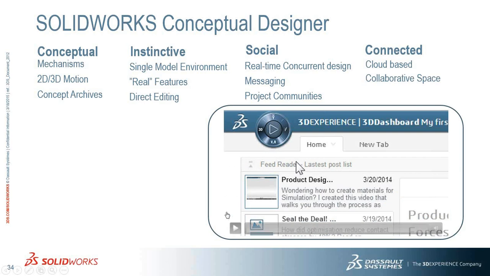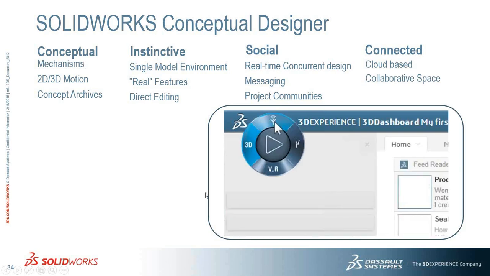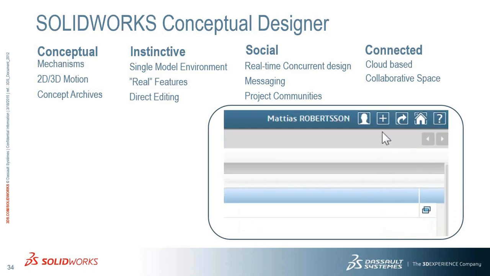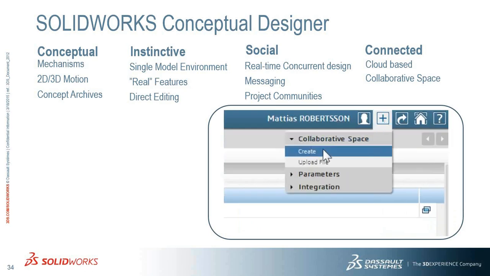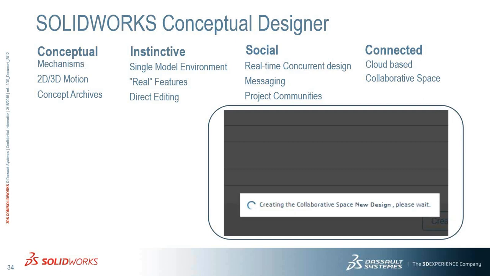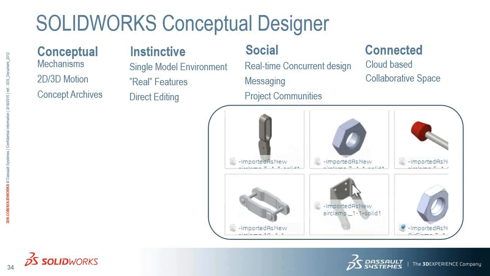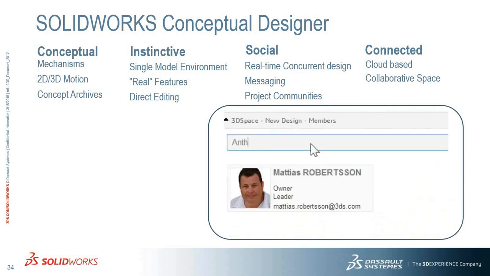The idea of a collaborative space. Now, we talked about that you're saving stuff to a cloud, but we also create spaces within the cloud. We say, okay, here's a space for this concept. It's almost like a folder in Windows, but there's no folders on the cloud. It's just an area where all the data resides.